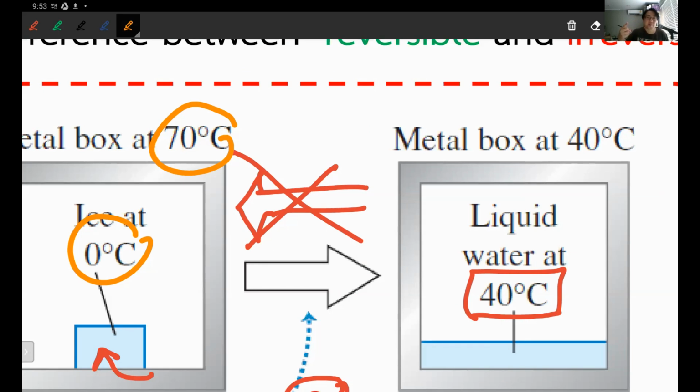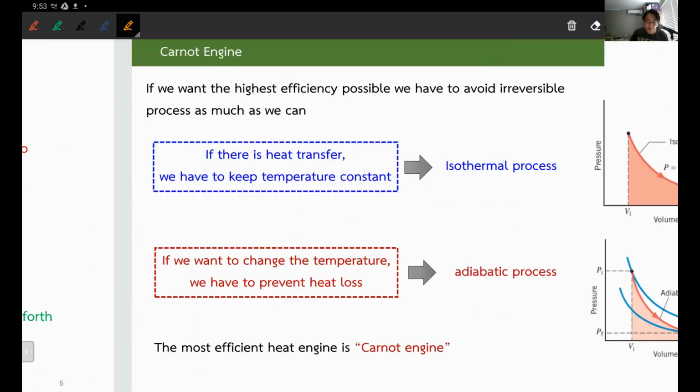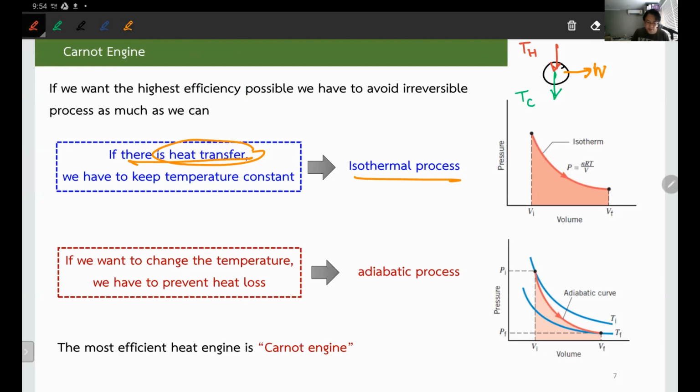You're going to go through some irreversible process somehow, and the heat will be lost. So the best that you can get is to prevent the heat loss during the temperature change. So whenever you want to change the temperature, we're going to do it with the adiabatic process. You guys with me now?